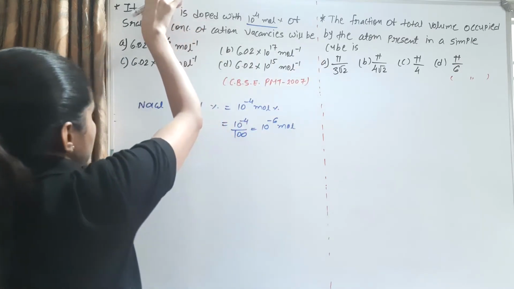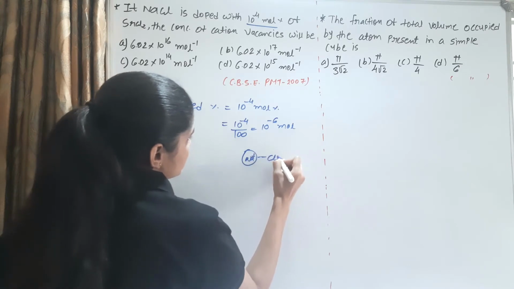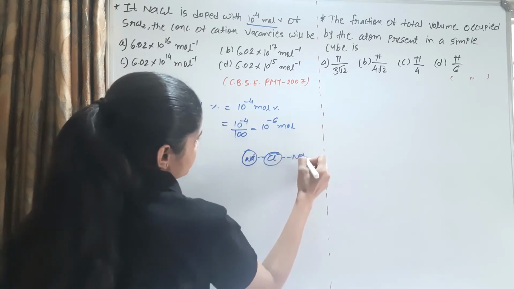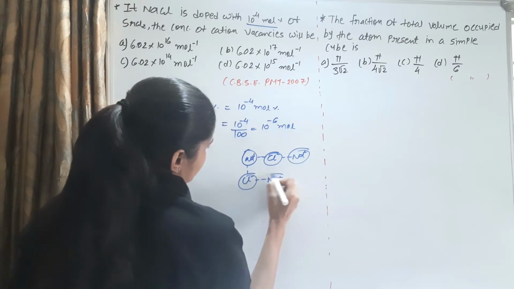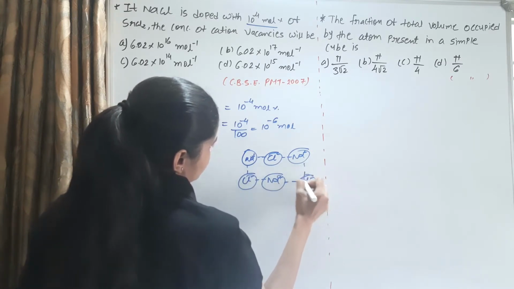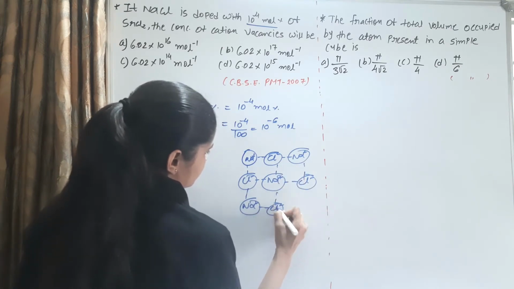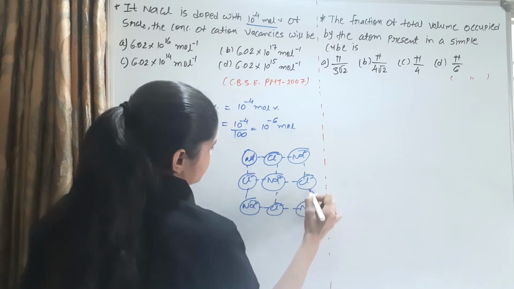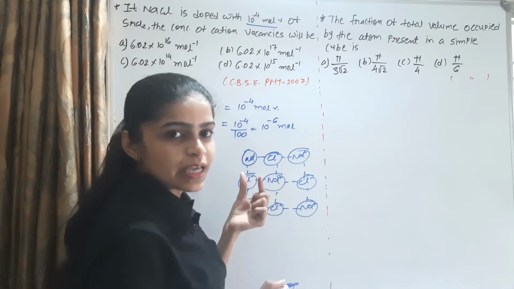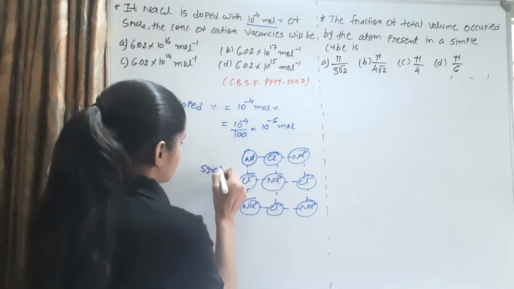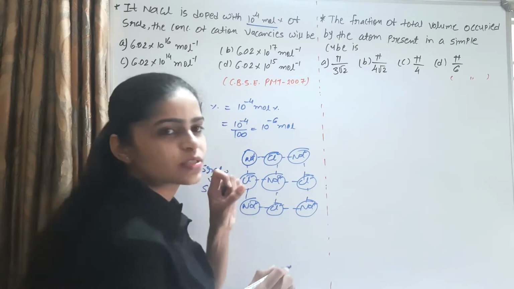First consider the NaCl. For example, this is the NaCl crystal. When SrCl2 is doped with NaCl, Sr has plus 2 charge and Na has plus 1 charge.